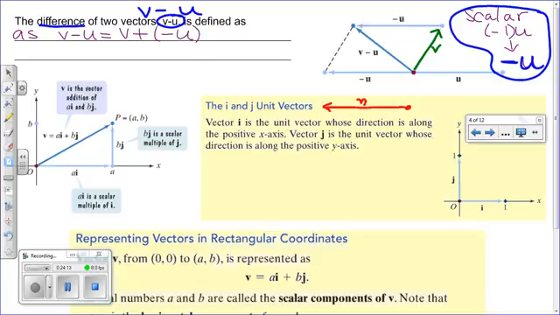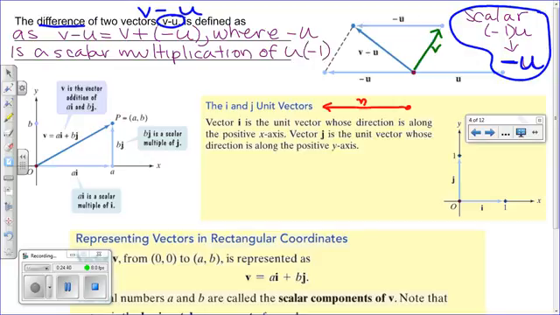So that's what I was saying about adding a negative vector, where -u is a scalar multiplication of u times -1. So that's what I was showing on the right side of the board. Maybe I should have written that before. So that gives us -u, right? So that's why we reverse the direction.